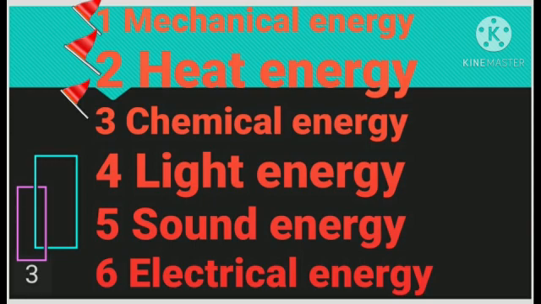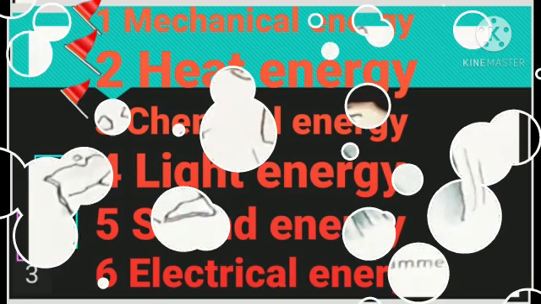Out of the 6 forms of energy given in our book, we are going to discuss 3 forms today. The remaining will be done in the next e-lecture. Today we will discuss mechanical energy, its subtypes potential and kinetic energy, heat energy and chemical energy.